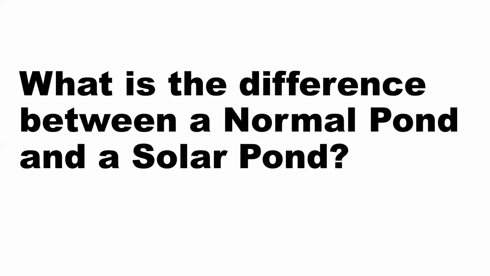The gradient is higher in the lower depths. So the layers of salt solution increase in concentration with depth. When we go downwards, the salt gradient is higher. You can use either sodium or magnesium chloride as the salt. Below a certain depth, the solution has uniformly high salt concentration.